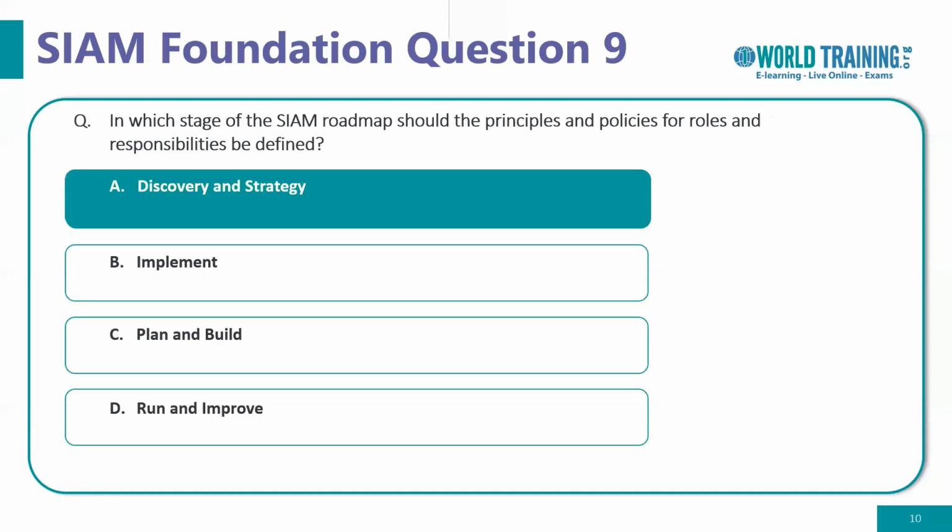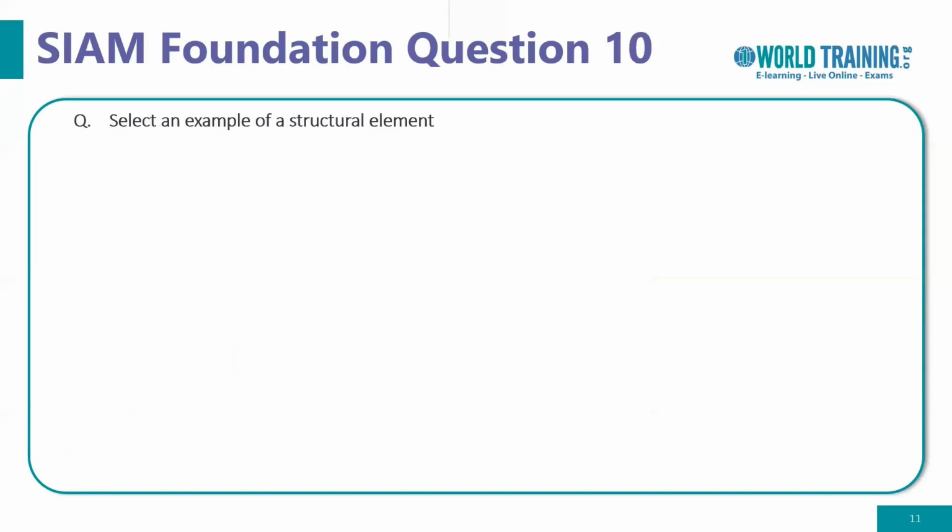You define them during the discovery and strategy stage, and then later on you allocate and provide those roles and responsibilities. All that would happen in the plan and build stage, maybe implement stage, run and improve stage. But the definition of principles and policy of roles and responsibility would be decided at the alpha stage, which is discovery and strategy.